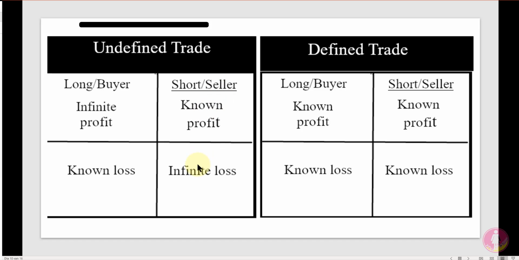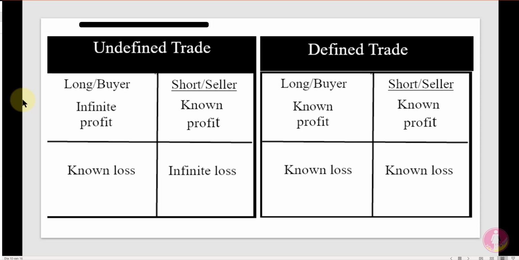Now you might think that the buyer side is much more profitable, and I can understand why you think that, but consider this: if you buy something, you've got to know where the market is going.